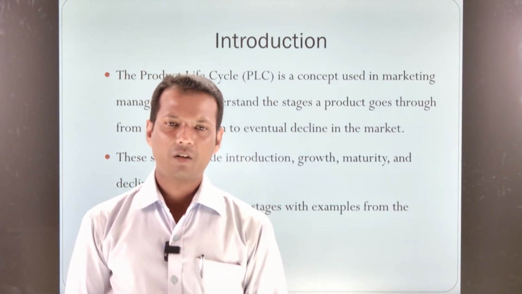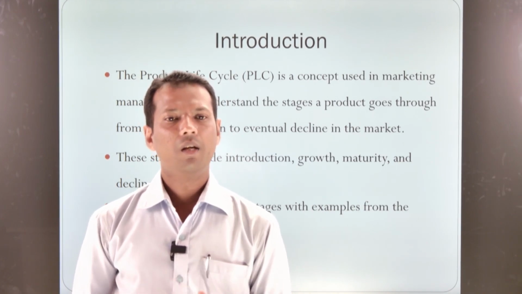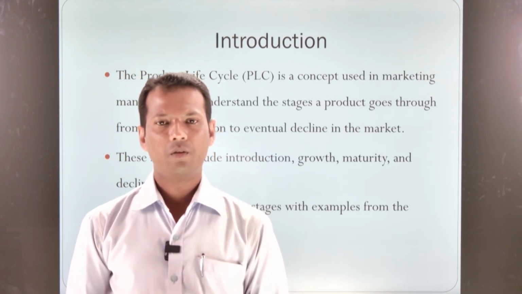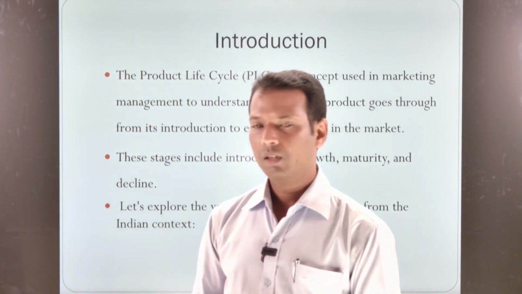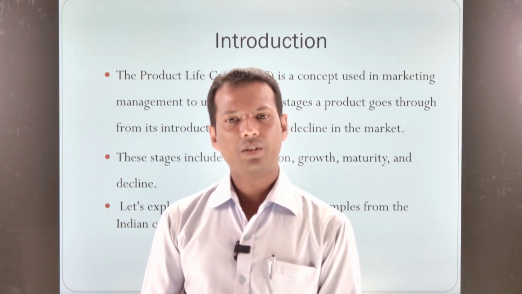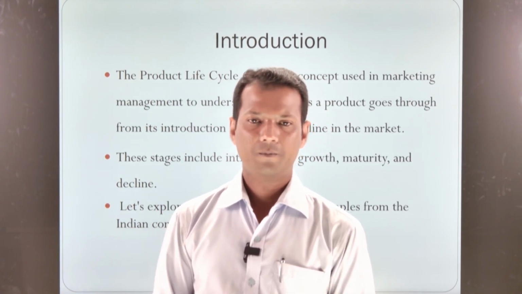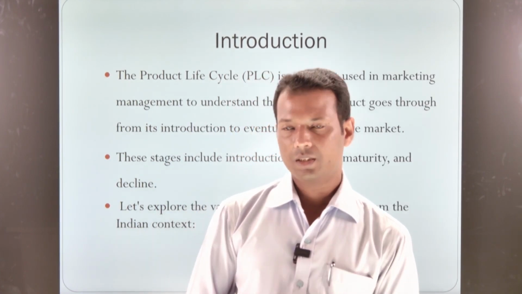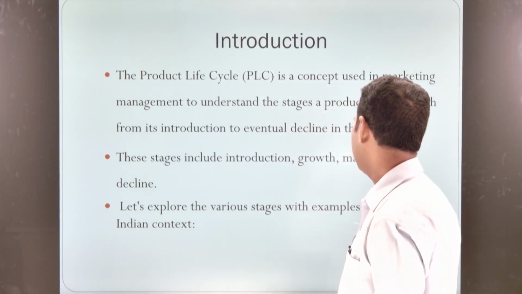So this is basically a concept which has been used in marketing to understand how a product goes from the initial stage to the decline stage in the market. So what are those stages? Those stages are introduction, growth, maturity, and decline.